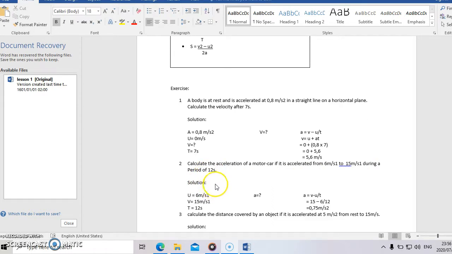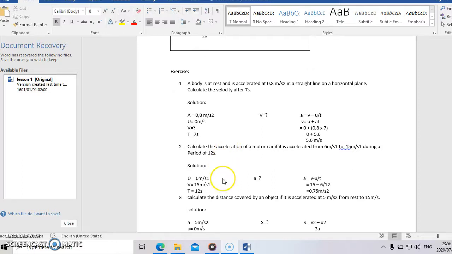It's quite simple. You need to understand the question. If you understand the question, you will get your answer very quickly.